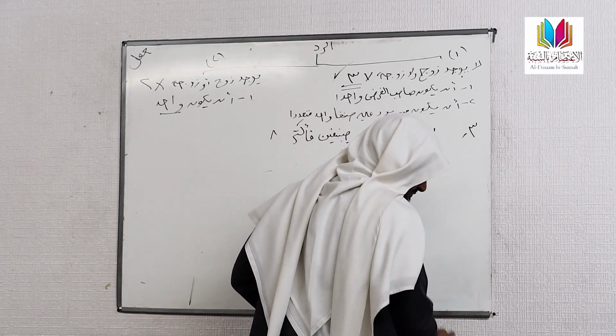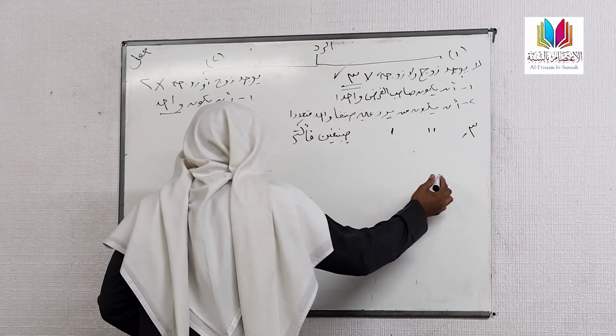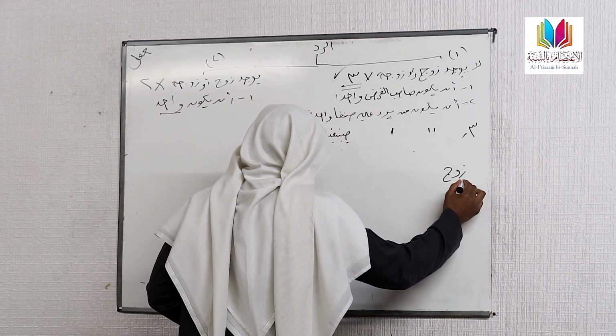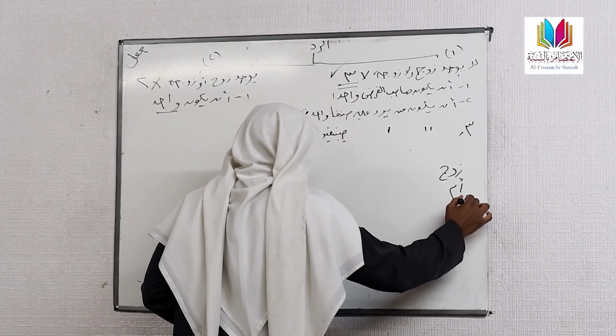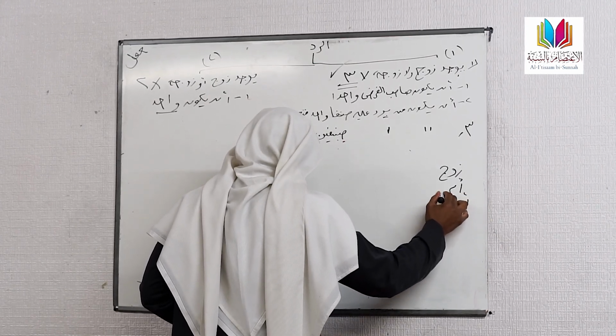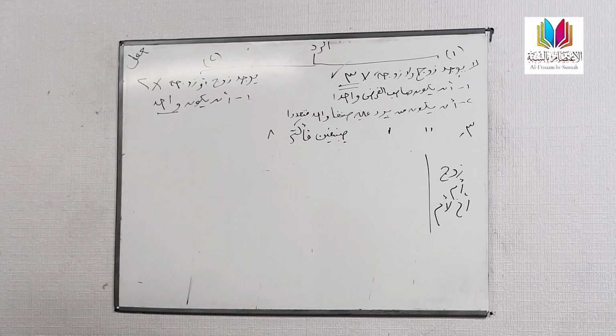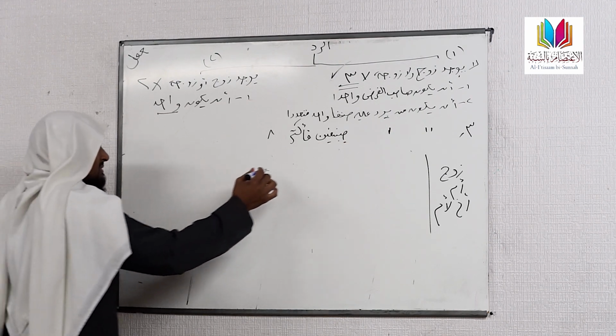Another mas'ala. Let's say زوج, أخ لأم. Based on what we've just studied, who can distribute this? Do one mas'ala for the Zawj.